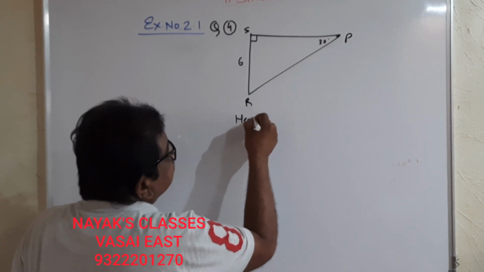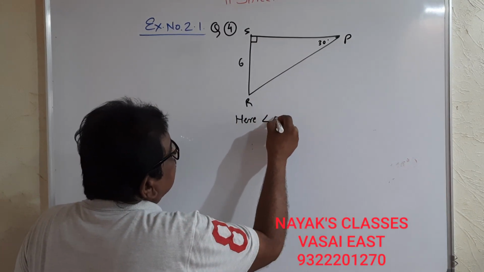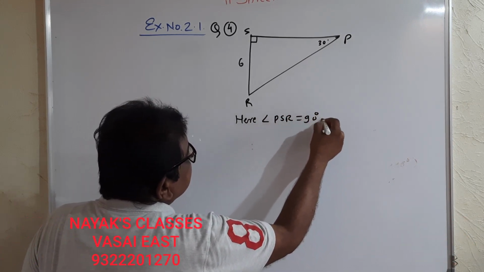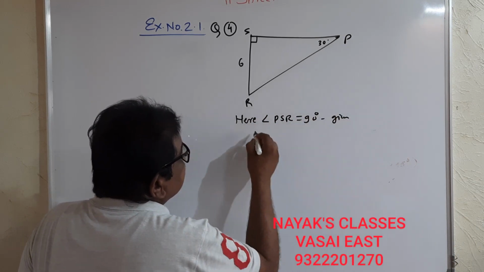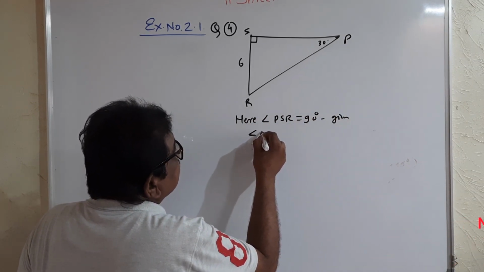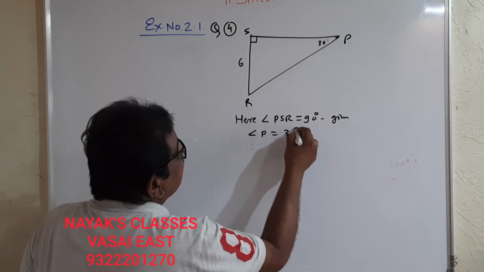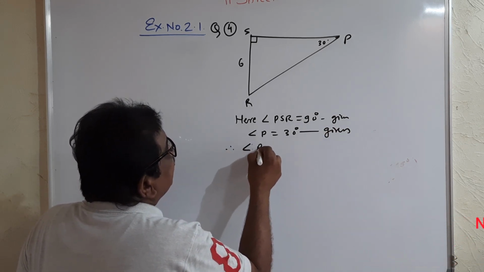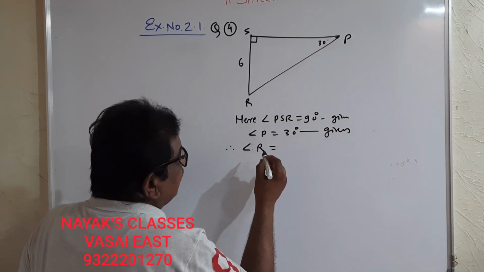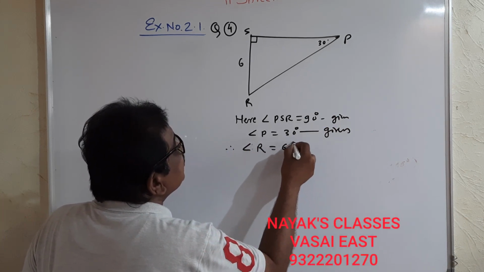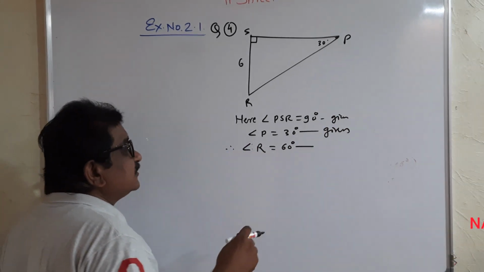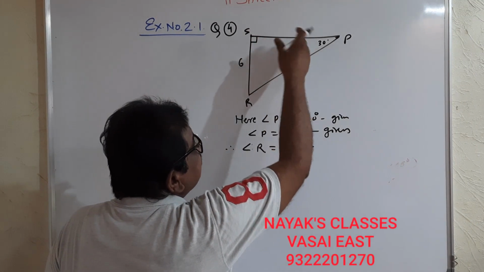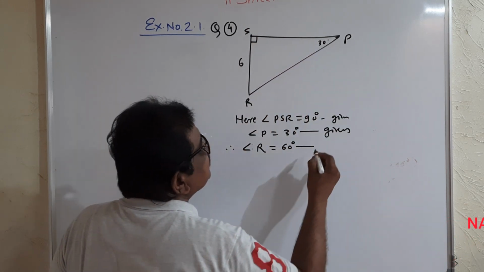In this figure, angle PSR is equal to 90 degrees, given. Angle P is equal to 30 degrees, also given. Therefore, angle R is equal to 60 degrees, since the sum of angles of a triangle is 180, one is 90, one is 30, so the remaining angle is 60.